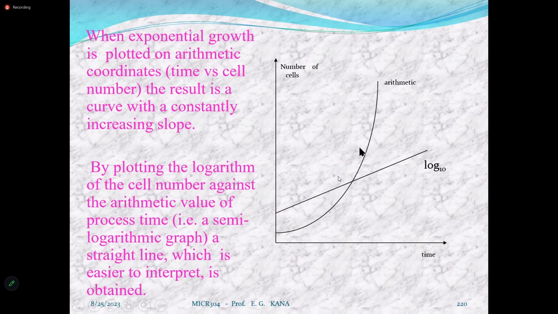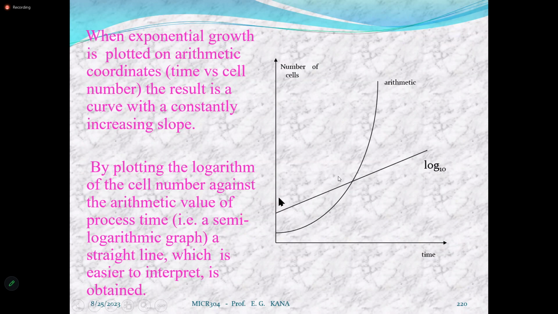However, if you plot the log of the number of cells, using log 10, for example, you're going to have a straight line like this. Let me repeat. If you plot the number of cells only versus time, you're going to have this kind of behavior. However, if you plot the log of the number of cells against time, you're going to have this kind of straight line.